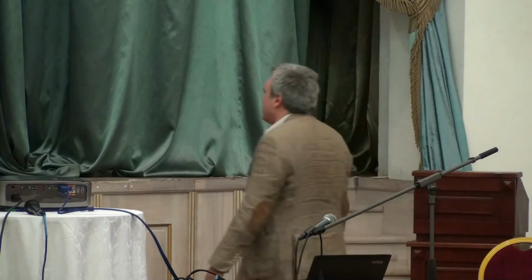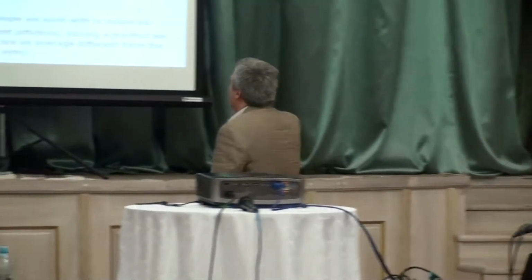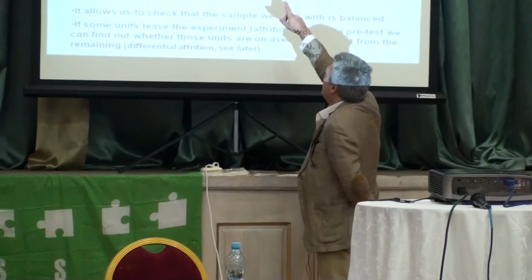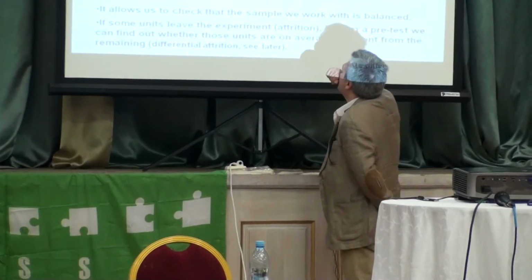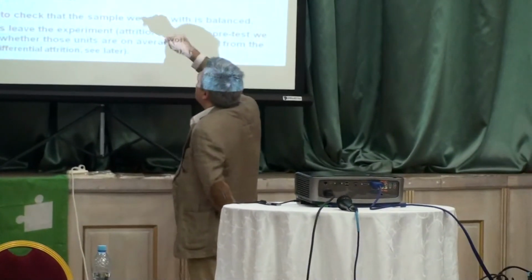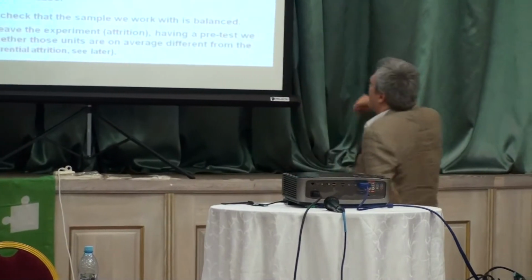So most often the design will essentially look at the outcomes before and after, but the outcomes before are only relevant to check what you already know, that essentially randomization was effective in balancing the groups.